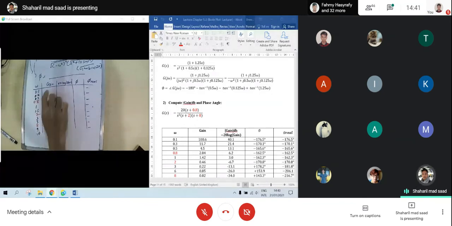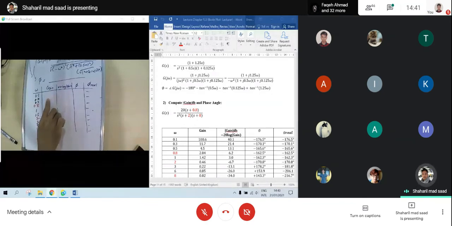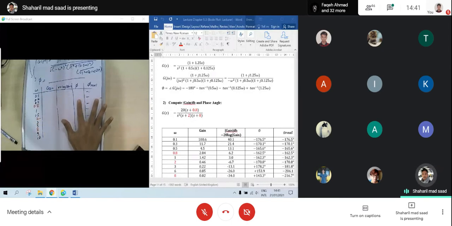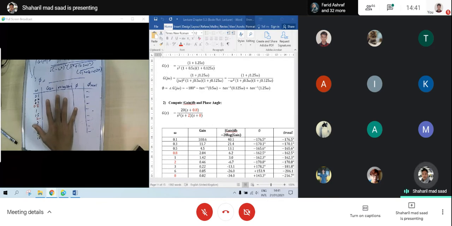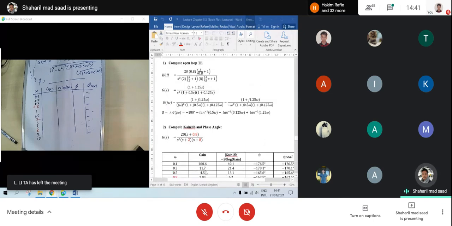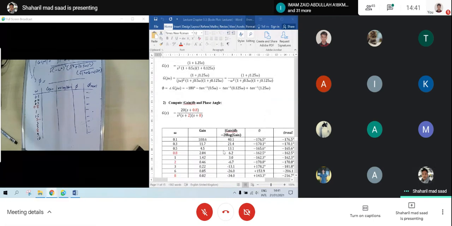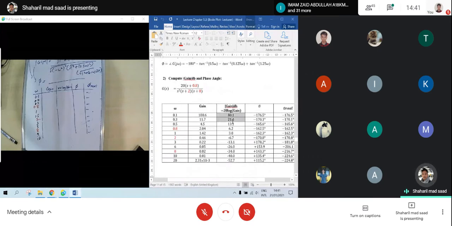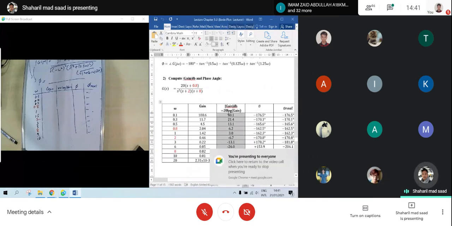Then for this one I think you can straight away use the calculator. I don't want to repeat it again, so please do it carefully. If you want to double check the value that you got, please be careful with this one. This one is 20 log gain.